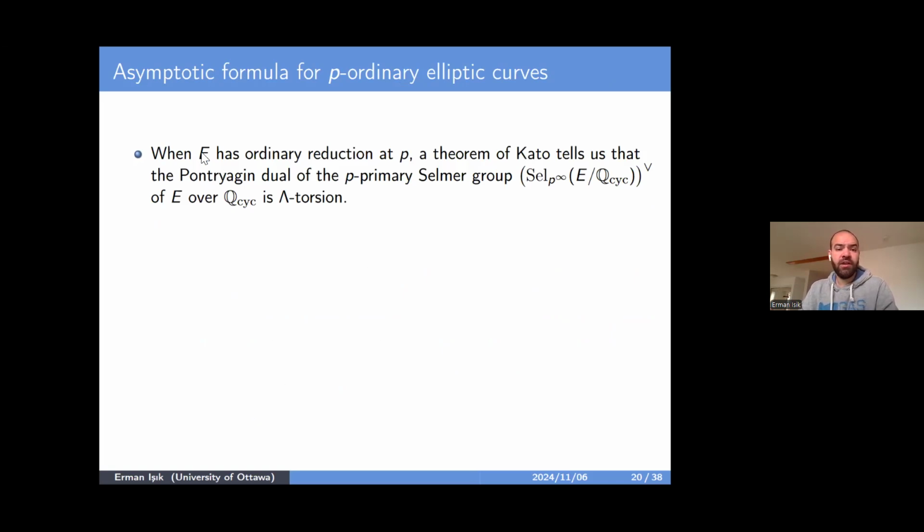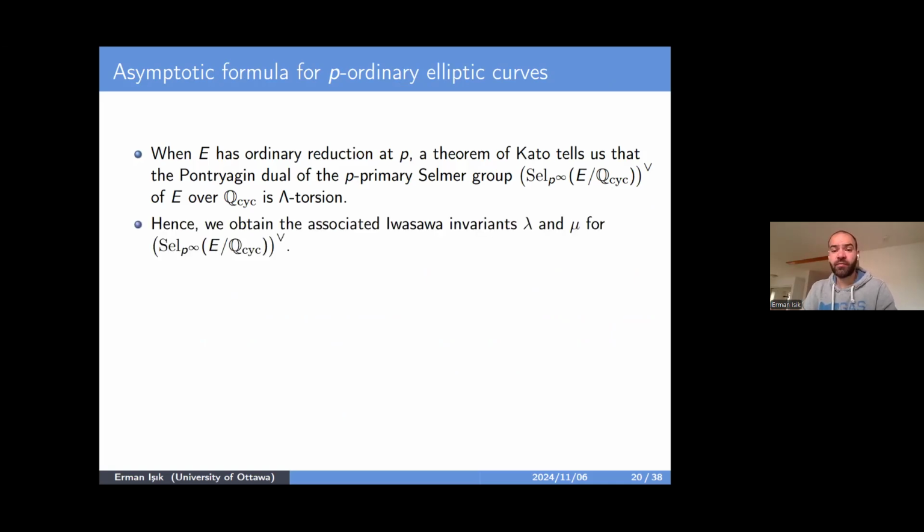So if E has ordinary reduction at p, then we know due to Kato that the Pontryagin dual of this p-infinity Selmer group over this Z_p extension is torsion, which means we have Iwasawa invariants.